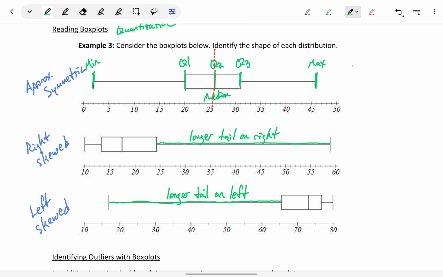Box plots are good for any type of numbers. They're also good for very large data sets. So for these first 2 characteristics, it's very similar to histograms.